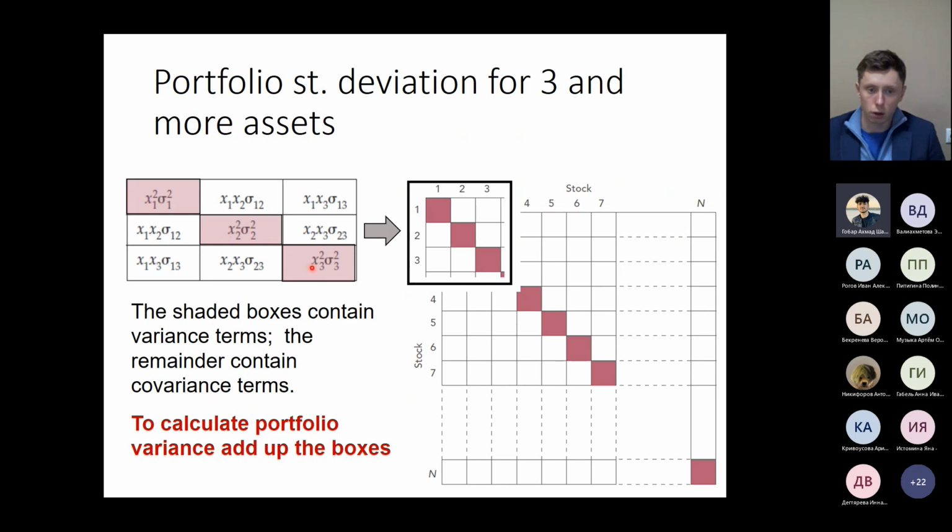You just add lines to this table, find the sum of the values here, and estimate the standard deviation for a portfolio with any number of stocks. Alternatively, you can estimate the price of the portfolio at any moment, as I told you, with the return, and then using those prices you can estimate the standard deviation.